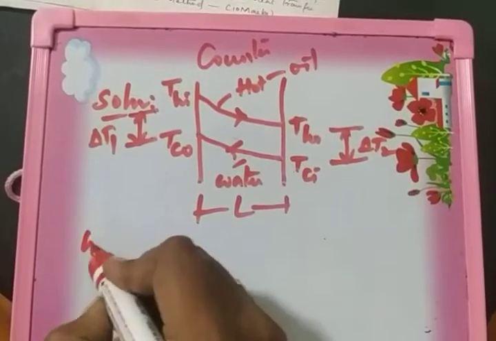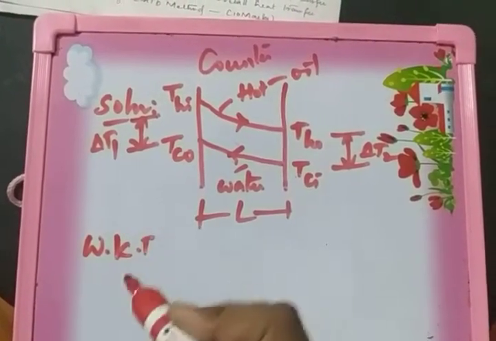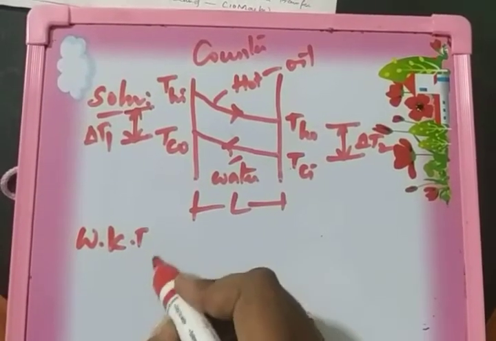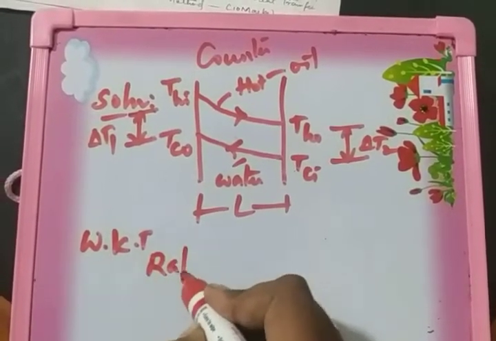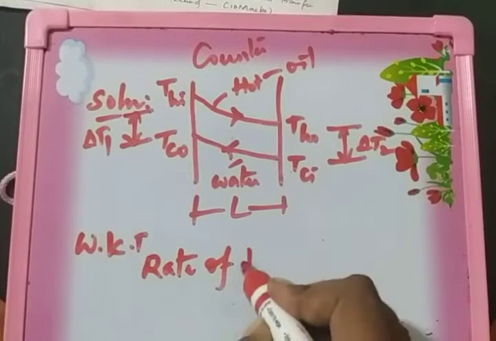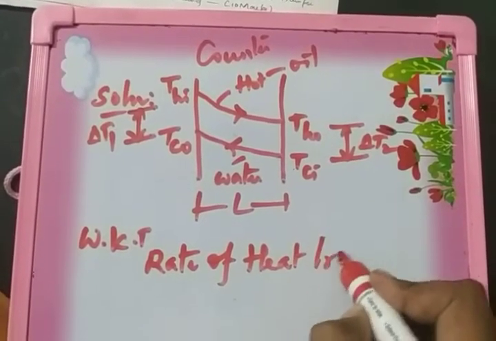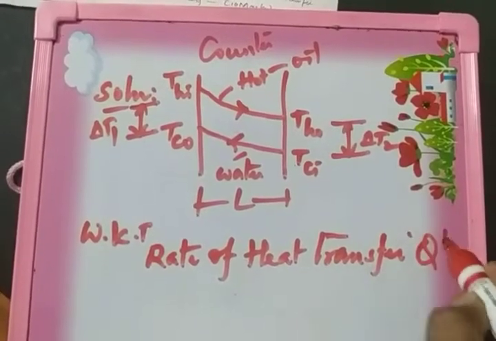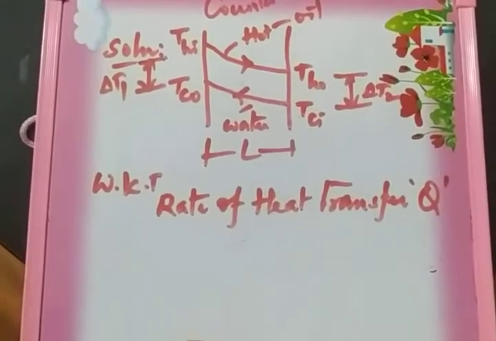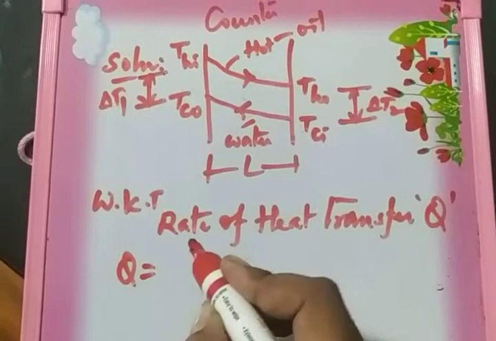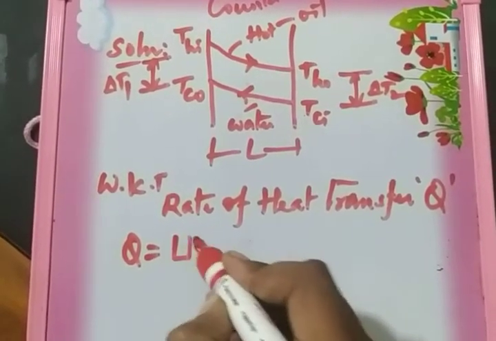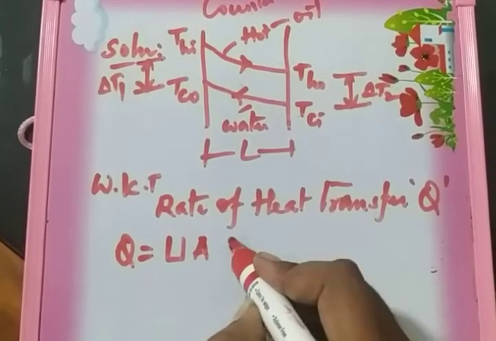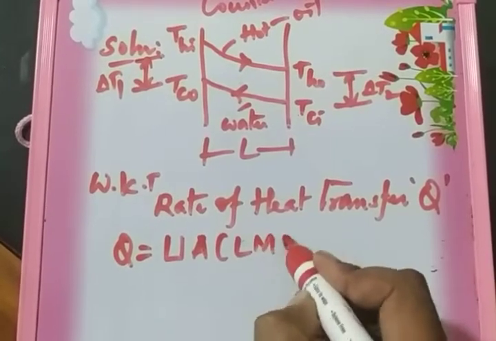So we know that the total rate of heat transfer in the heat exchanger, Q, between the two fluids is given by Q is equal to U into A into LMTD.